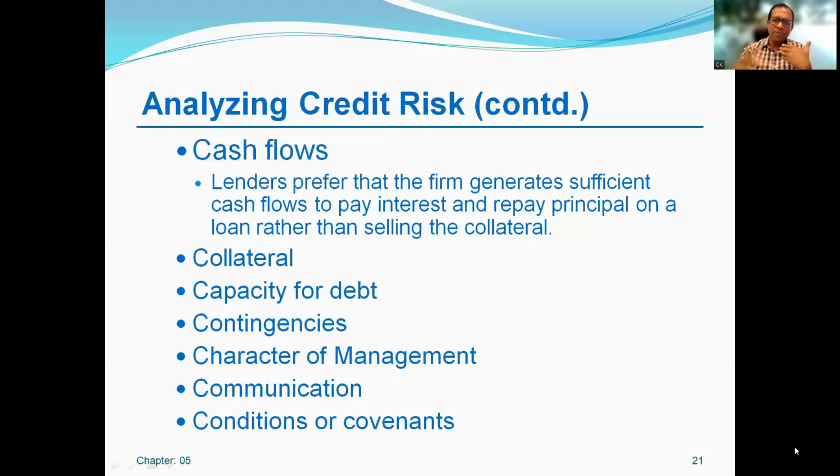Whenever you go for a loan facility, your installment should not be more than 5 million. So you calculate backward: for me to service a debt with a 5 million regular payment, what is the maximum loan I can borrow from the bank? That is your capacity. You have to look at that.